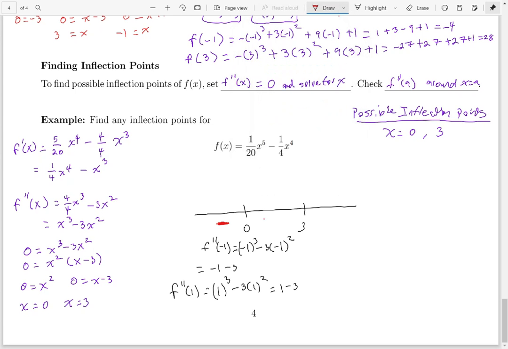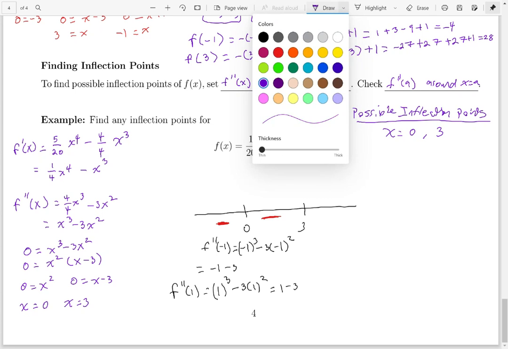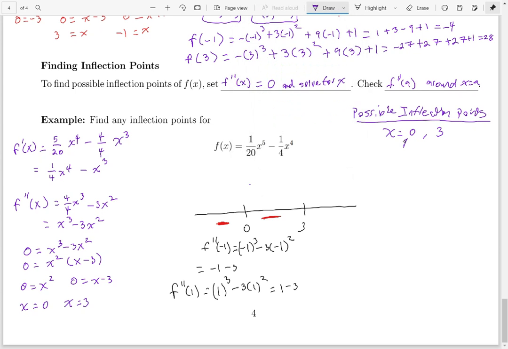And so I now know that to the right of 0, the concavity is also negative. So what does this tell me? Specifically, this tells me that 0 is not an inflection point, because the concavity does not change on the left of 0 or on the right of 0.